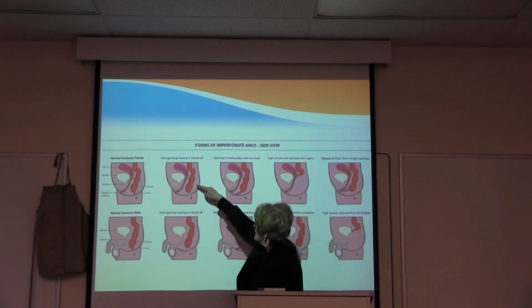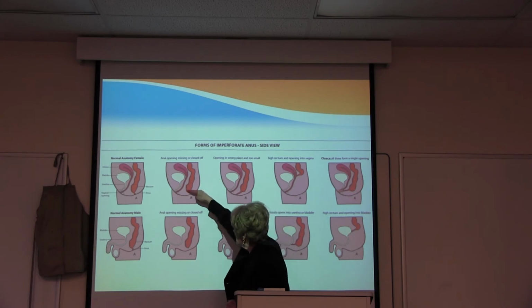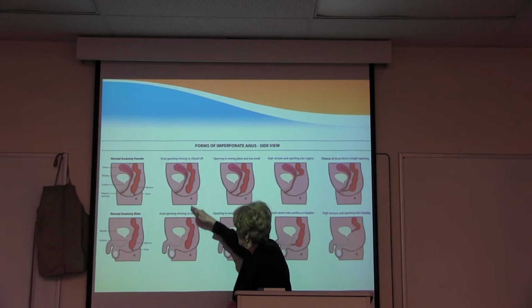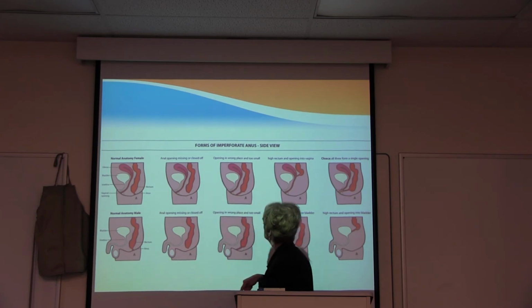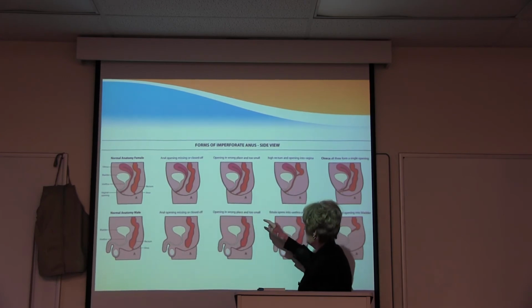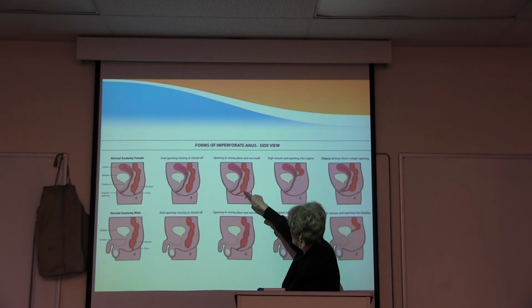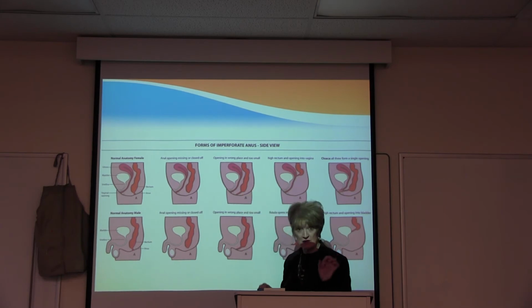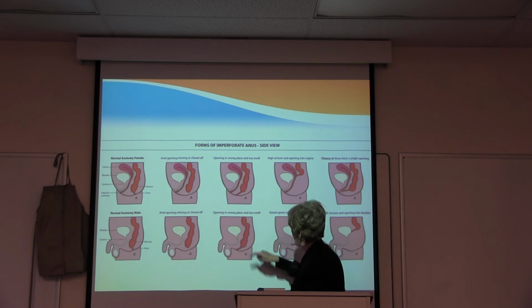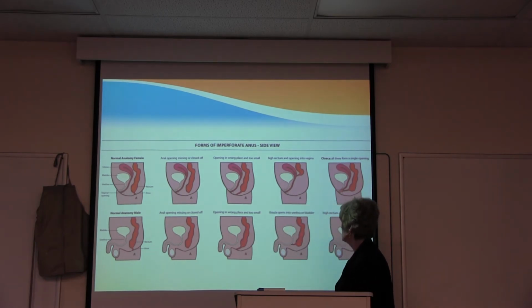Okay, you can have formation of the distal rectum, but failure to form the anal canal, or the anal canal can be closed over by skin. Sometimes the distal rectum and the anal canal form, but the anal canal does not line up with the anal opening, with the anus itself. So you see that it's in the wrong place, or it's very stenotic.